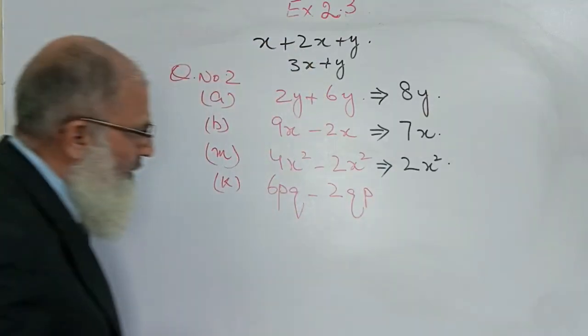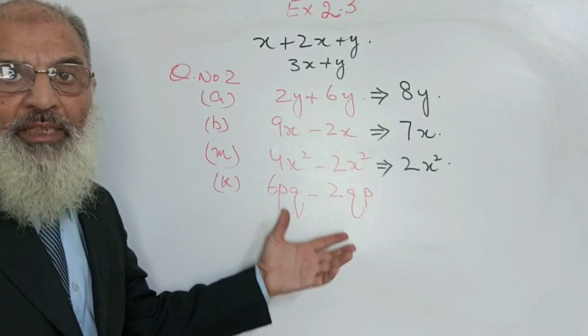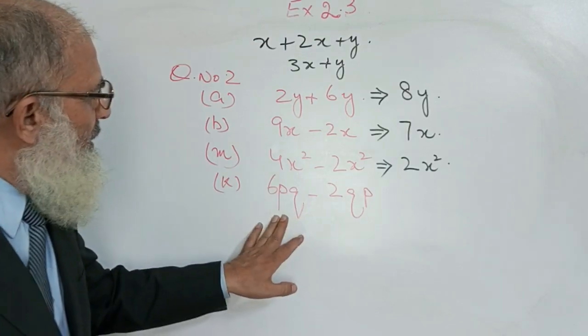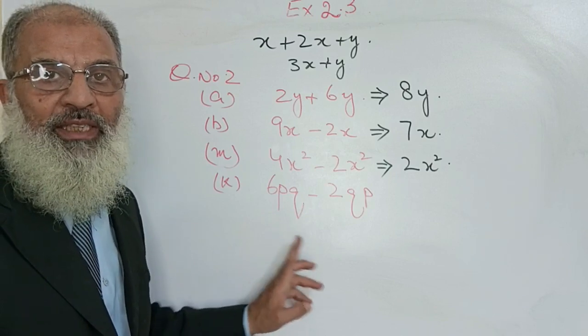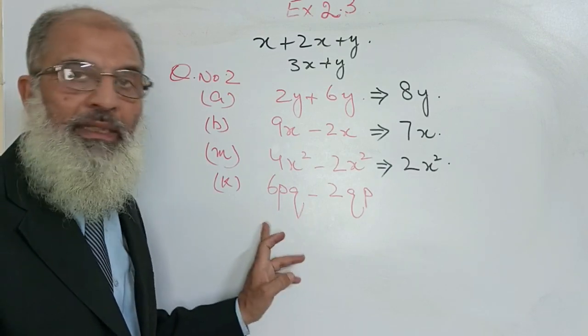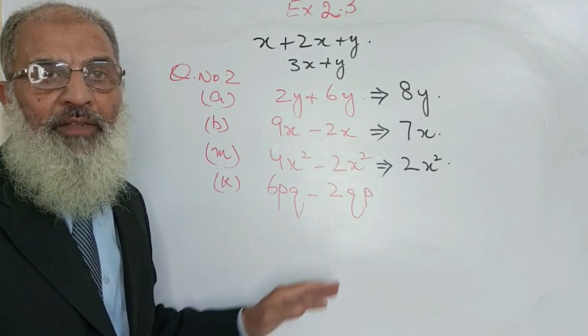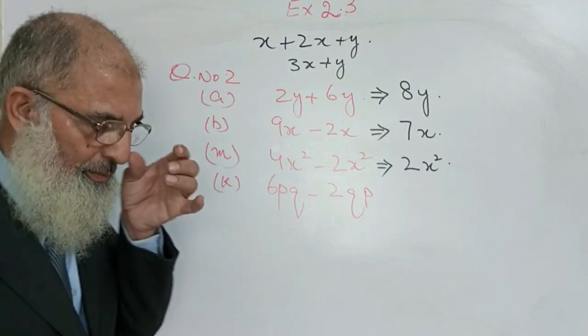Now dear students, you see that just like in question number 1, the position of p and q are changed. So it does not make any difference if the position of P and Q are changed.